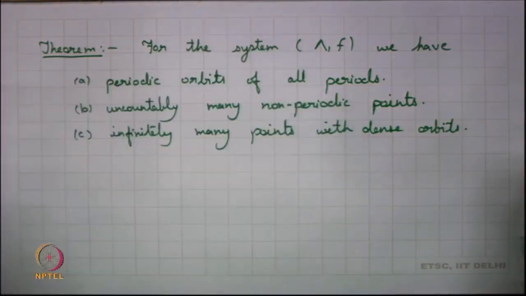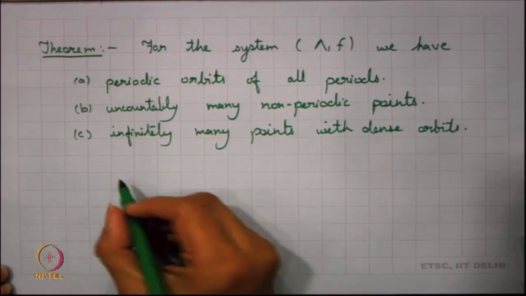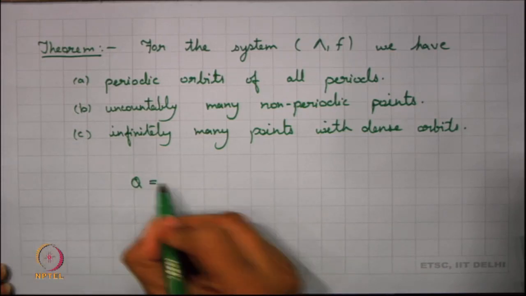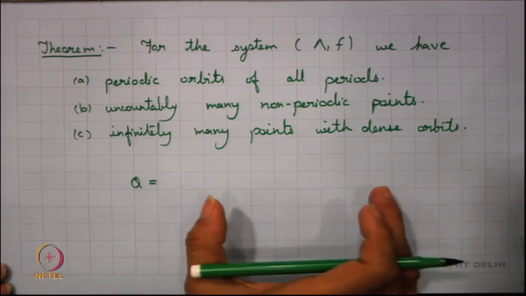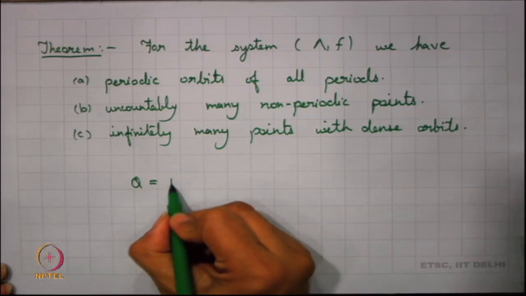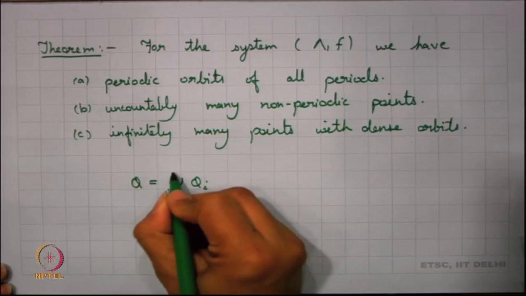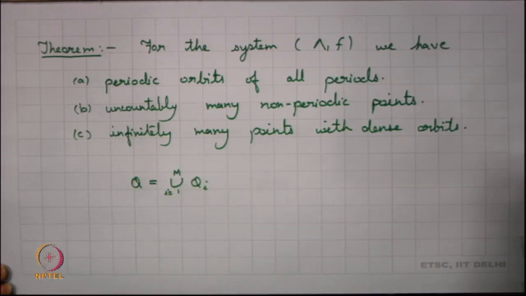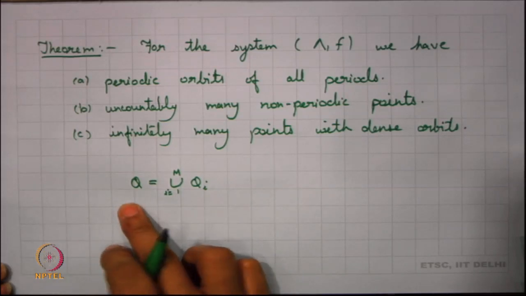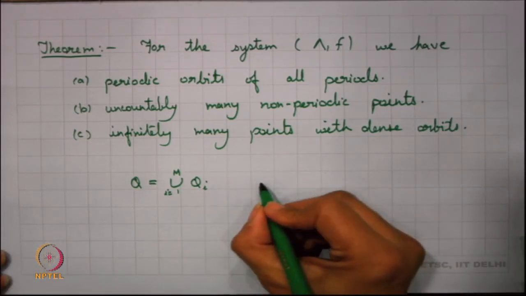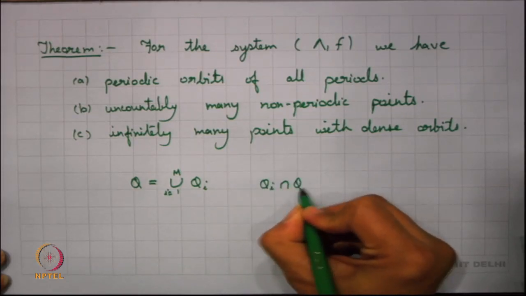Now, we found a horseshoe. What was a horseshoe? I can typically say that a horseshoe was some kind of a compact set Q such that I can write Q as a finite union of some other compact sets, say Qi, i from 1 to m. Now, I had Q written as a finite union of Qi, where Qi intersection Qj was empty.